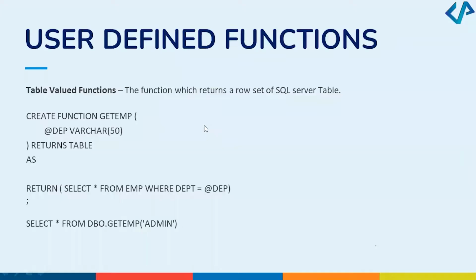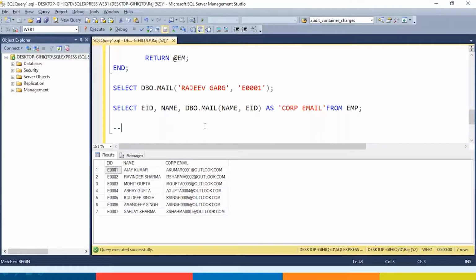Right. So this was an example of a user defined function. Now we have two types of user defined function. One is known as scalar functions and another is known as table valued function.